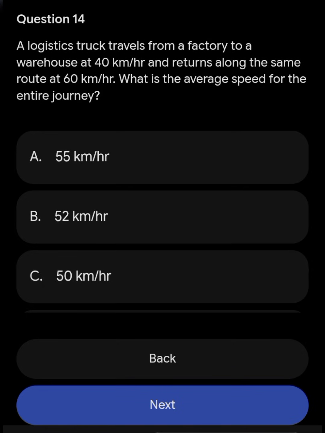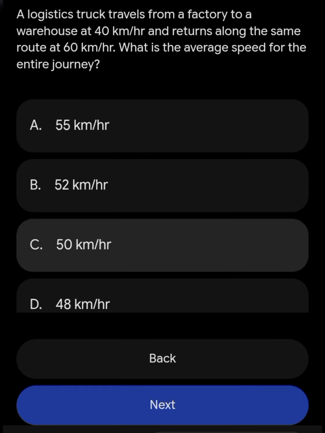Now next, a logistic truck travels from a factory to the warehouse at 40 kilometers per hour and returns on the same route at 60 kilometers per hour. What is the average speed of the entire journey? Next also, it is an average question only. So let's solve this question.